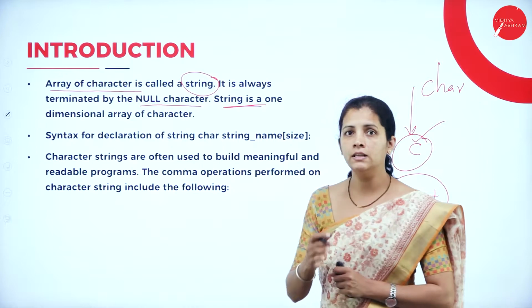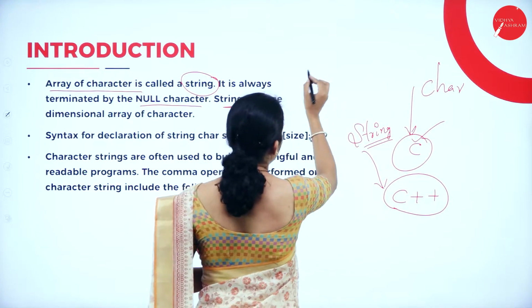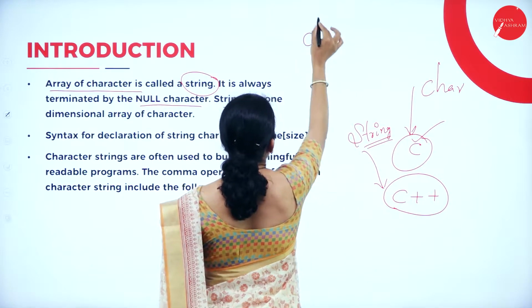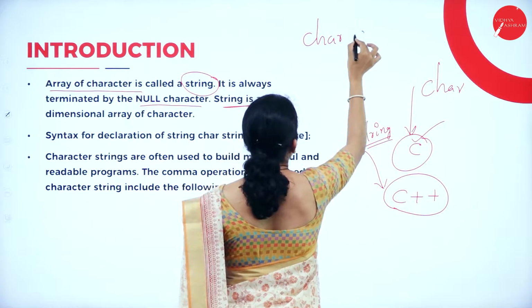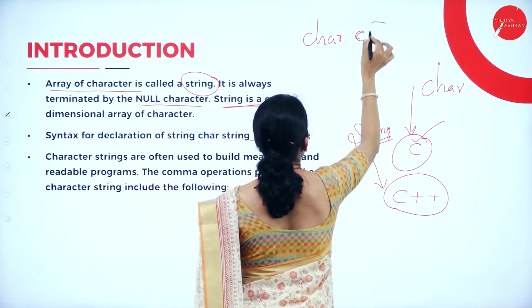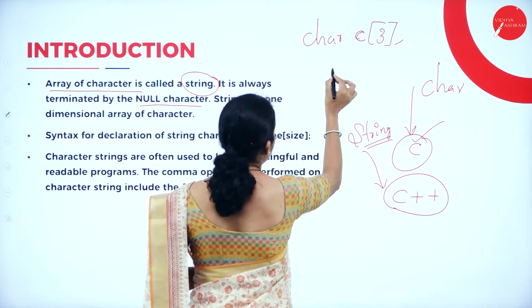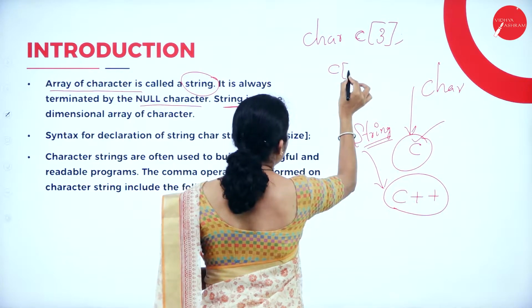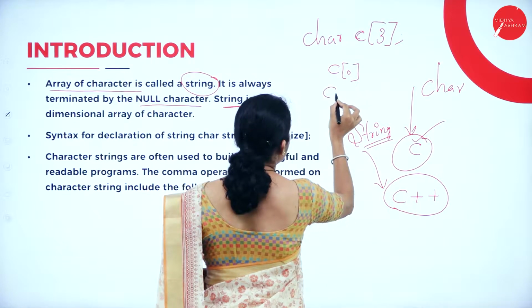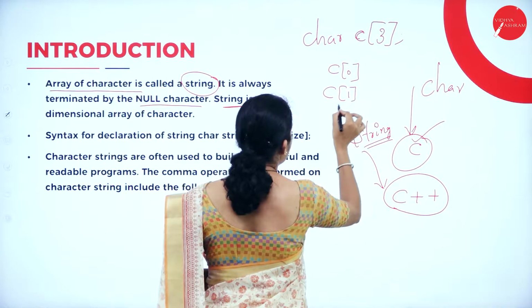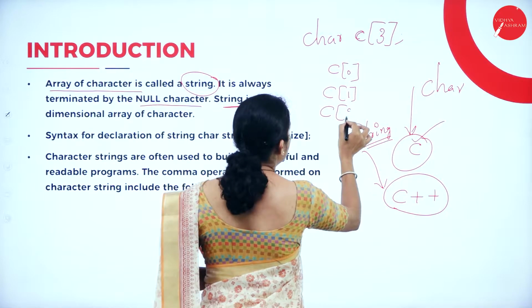For example, think that I'm going to create an array C of 3. Now, array index starts from 0. So, C of 0, C of 1 and C of 2.